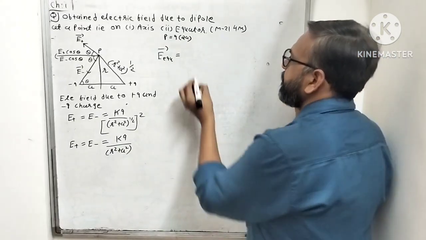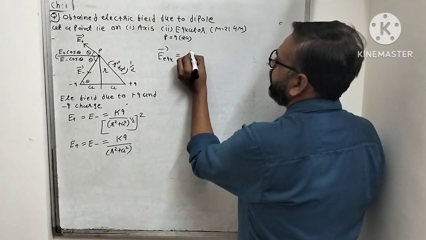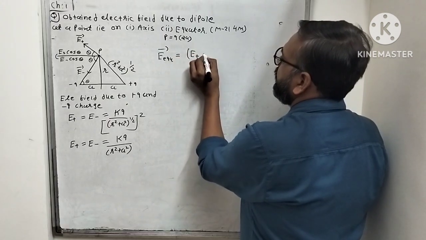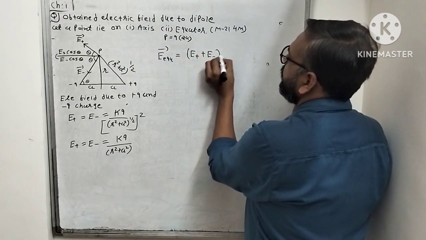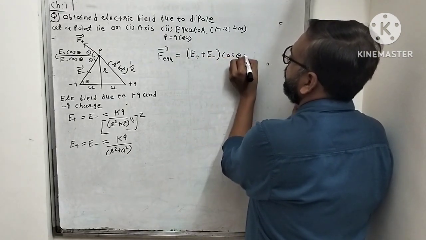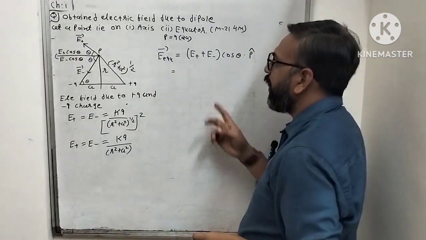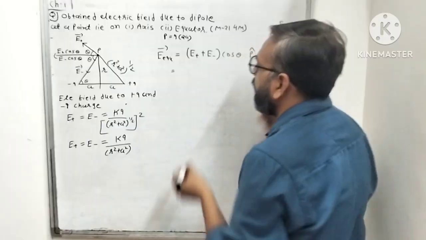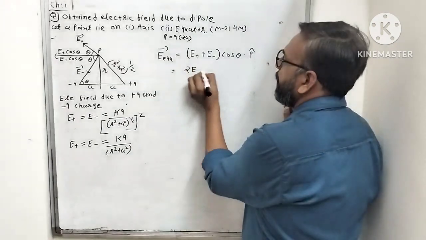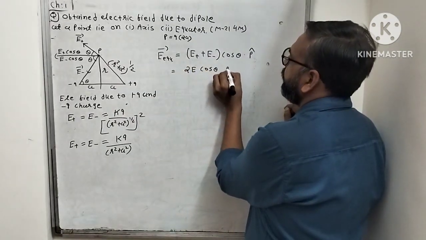Now E plus cos theta and E minus cos theta. Both electric fields are the same, so we can write 2E cos theta.